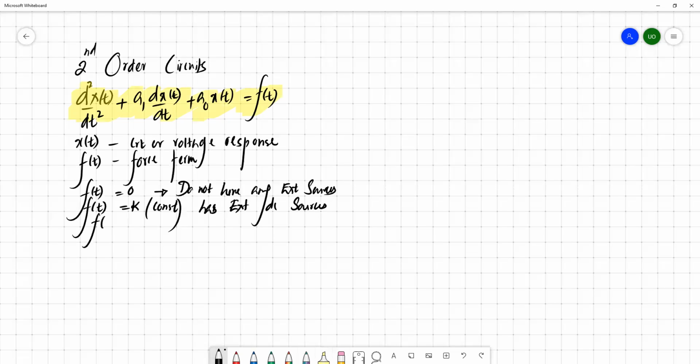If this f(t) is a function of time, then we have AC sources in the circuit. So these are the three scenarios we can discuss by looking at the component f(t), or the right hand side of the differential equation.